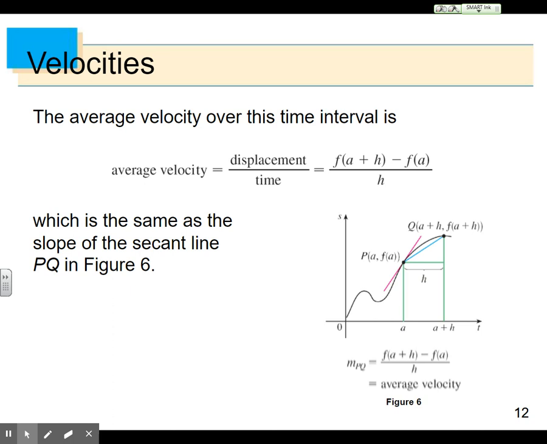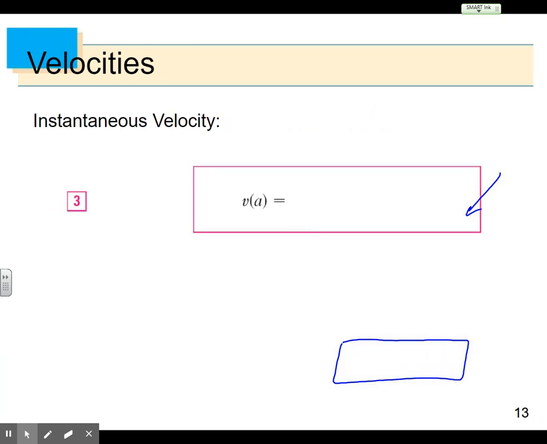As you can see, the drawing right here is very similar to what we just did. So it's going to be very similar to finding the slope of the tangent line, even the same formula right there. So I'm going to be interested in calculus and finding the instantaneous velocity.